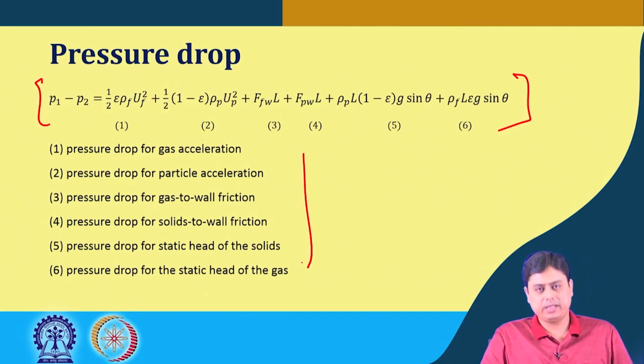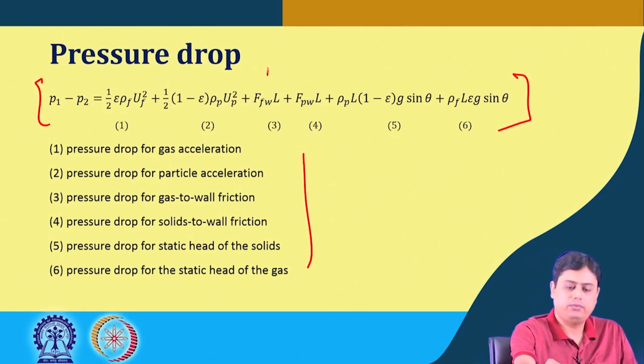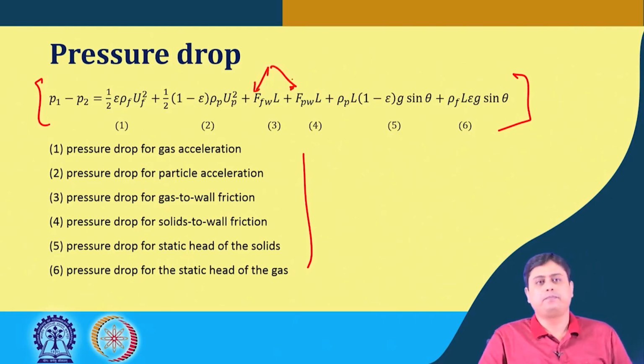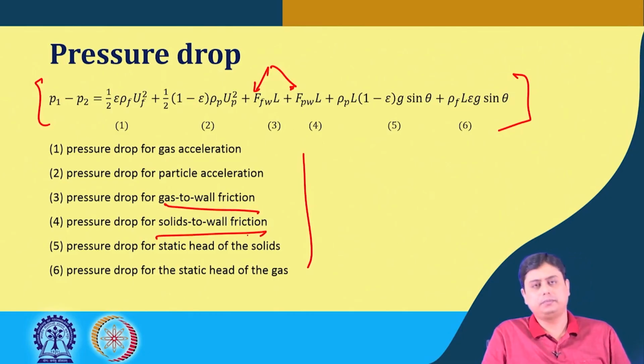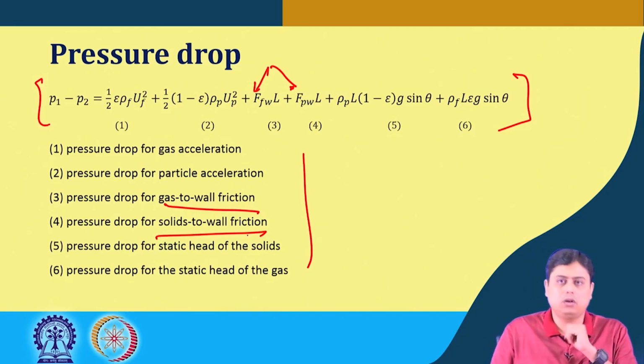Now this expression can be applied for any pipe transport irrespective of its orientation, provided we know these friction forces, these two. That means the gas wall friction and solid wall friction, because other quantities we typically know from the operating condition or from the measurement.